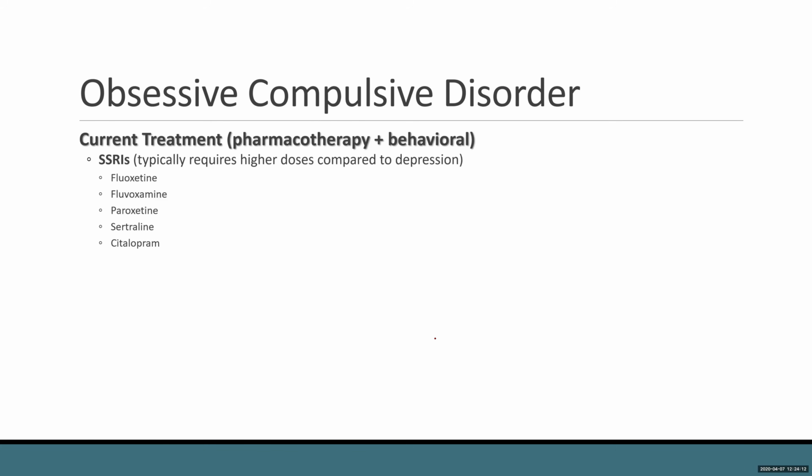So the obsessive compulsive disorder treatments, we know that the SSRIs are the selective serotonin reuptake inhibitors. And the SSRIs are like Prozac and Paxil and Zoloft and Celexa. And that's the first line treatment for OCD in terms of medications. But therapy is vital.